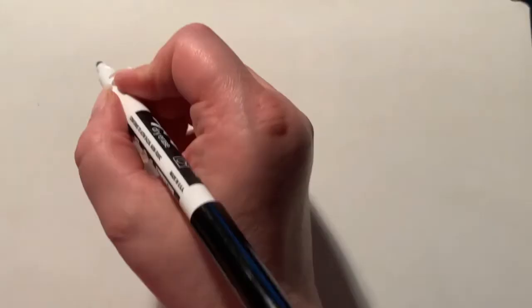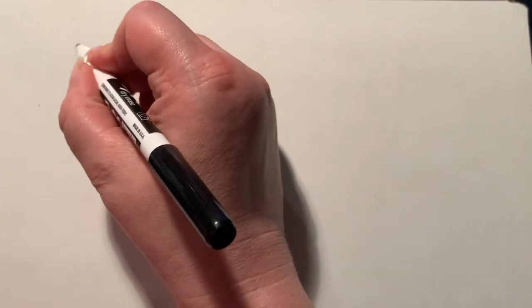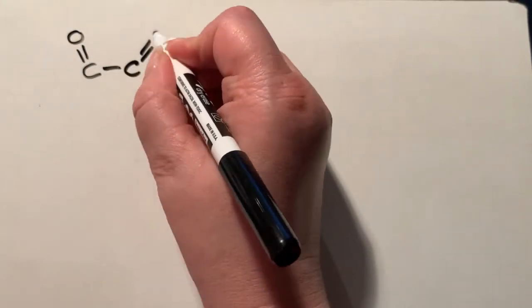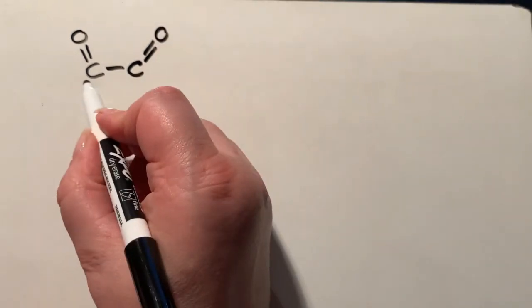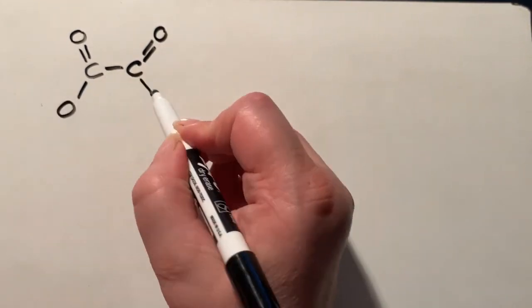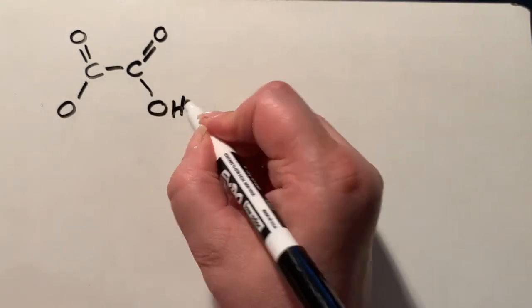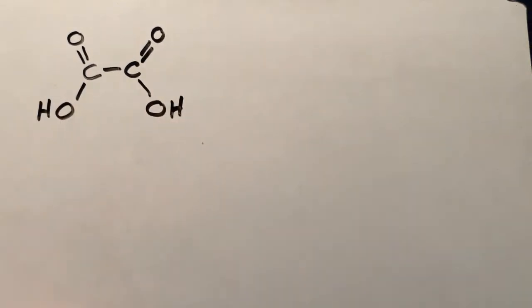Your oxalate ligand, which is said to be bidentate, and some of you, if you did the potassium permanganate oxalic acid experiment for your higher assignment, may well be aware of this. If it's oxalic acid, it would have the two OH groups there, so that's what's found in rhubarb.